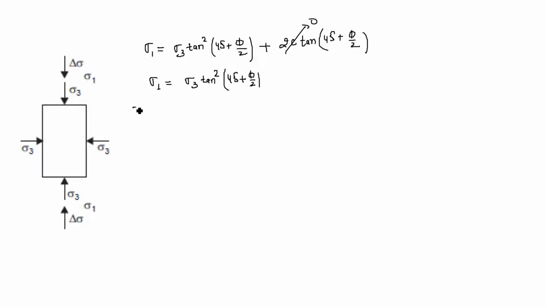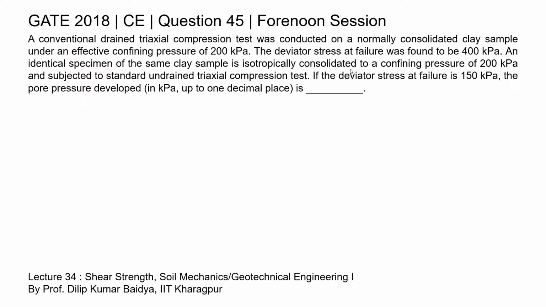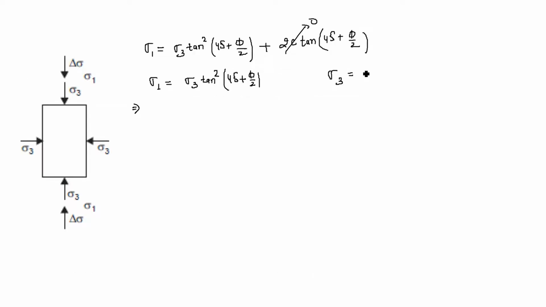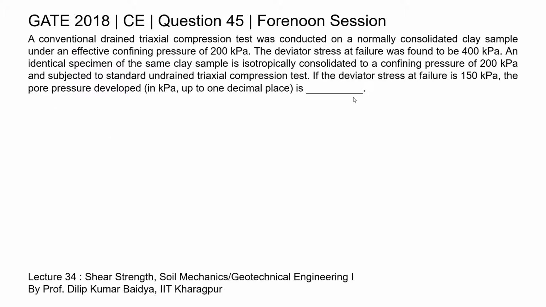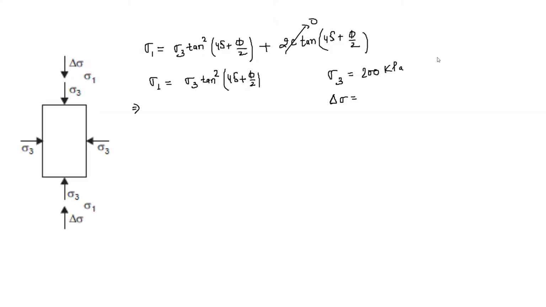Now in the question, the confining pressure, that is sigma 3, is given. In the first part of this question, confining pressure is given as 200 kPa. So sigma 3 is 200 kPa and deviator stress is given as 400 kPa.